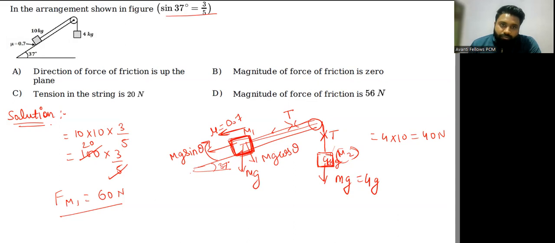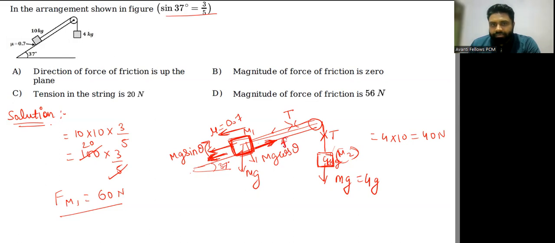So the pulling force will act in this direction. Okay? So can you say the magnitude of force of friction is 0? No, because there is a net force in the system, the block will start moving in this direction. If the block is moving in this direction, you will have a reaction opposite to that.